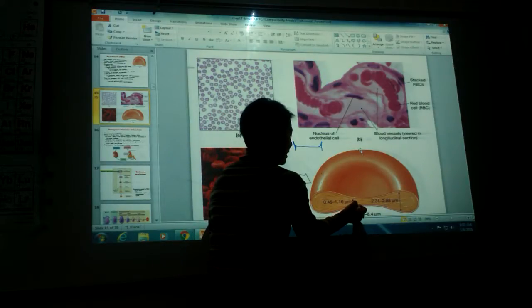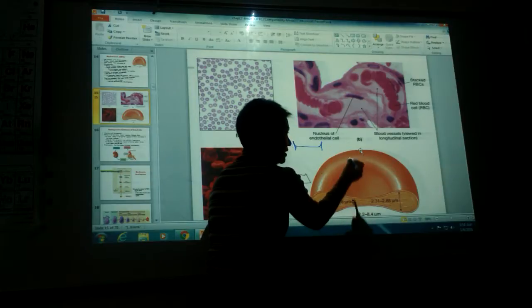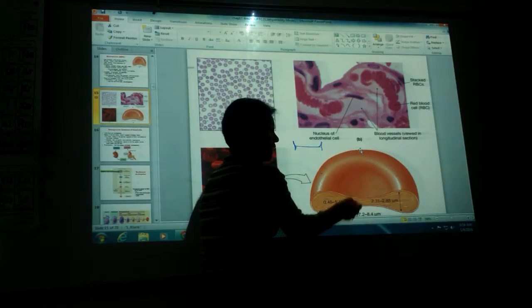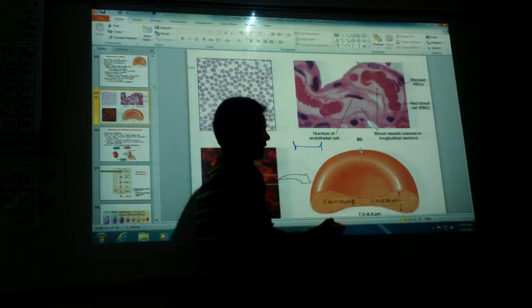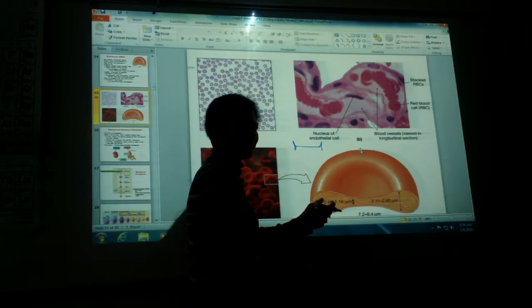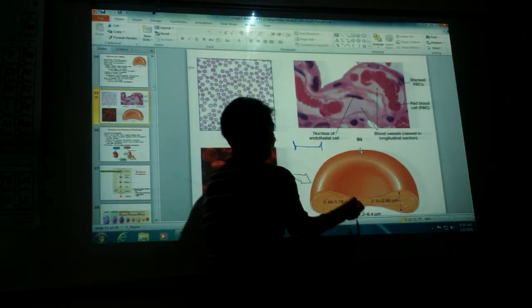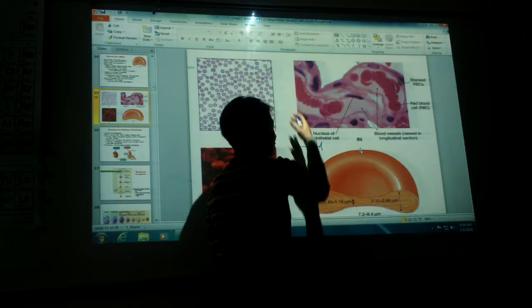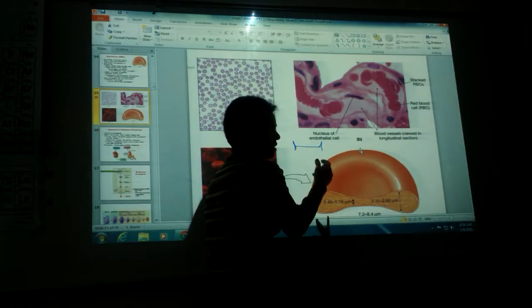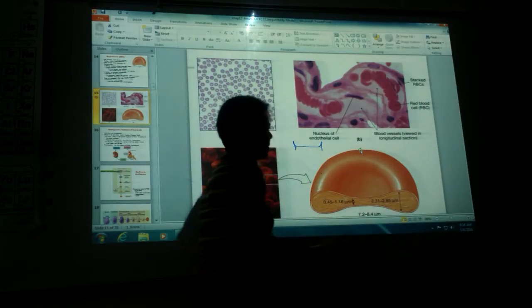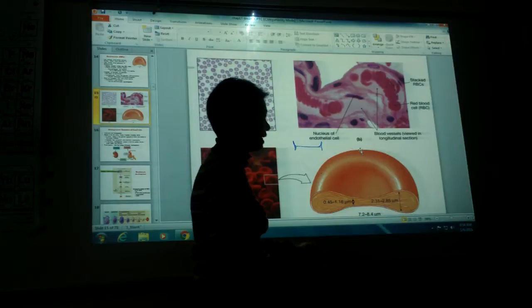This is so that the traveling of oxygen into and out of the cell is not that far. Does it make sense? The oxygen will quickly be released to go to wherever it needs to go, and then it's very easy for carbon dioxide to enter also. Okay?